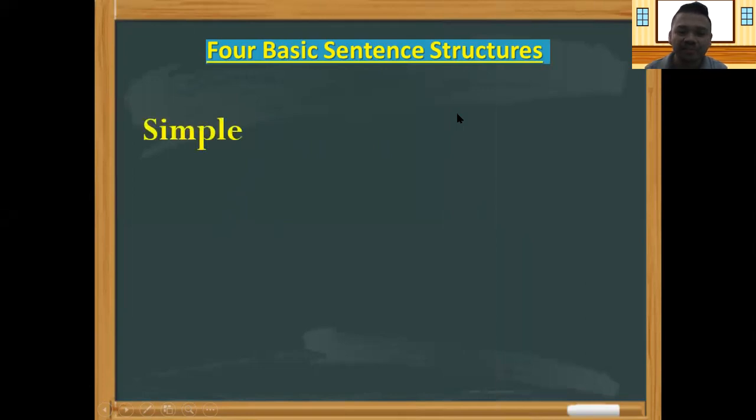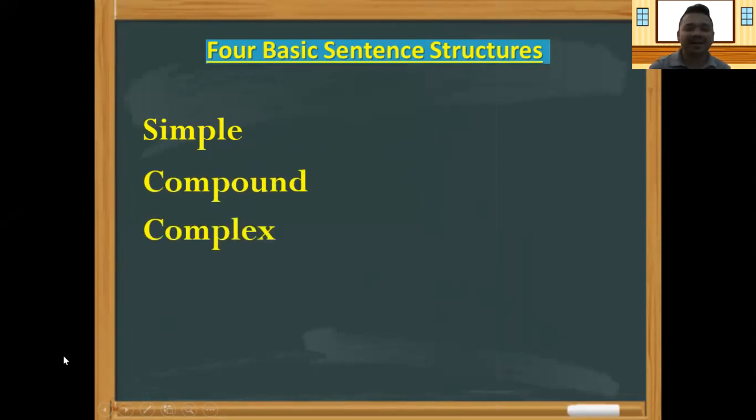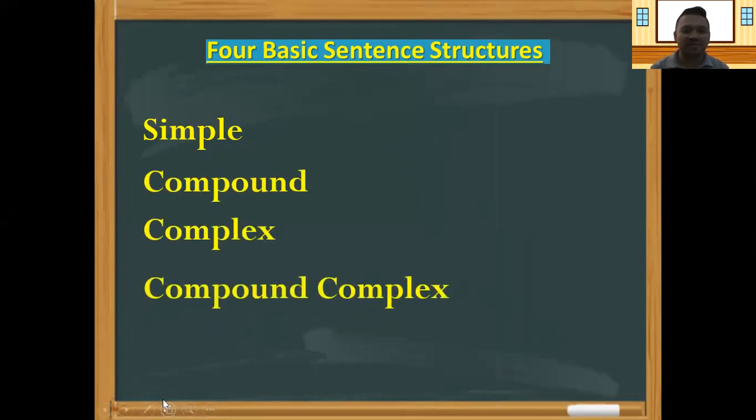They are simple, compound, complex, and compound-complex. These are the four basic sentence structures, and today we're going to discuss each of these structures.